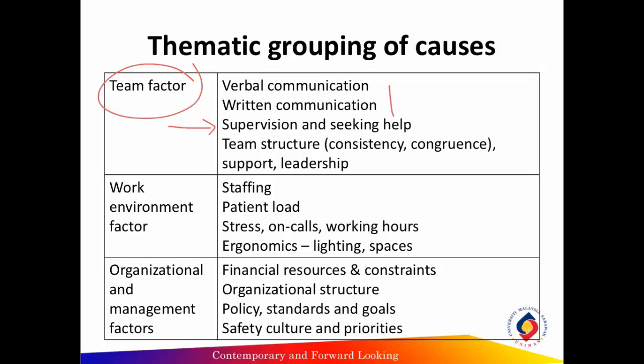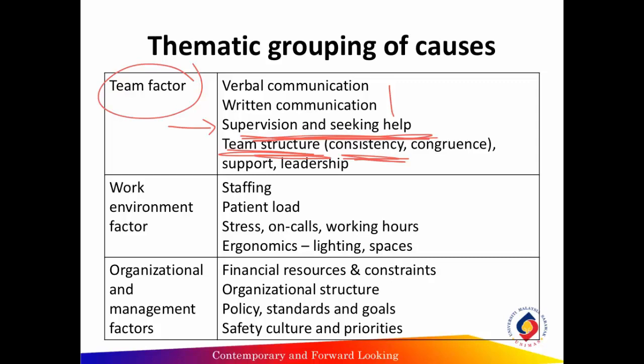There may also be issues related to supervision, the adequate or inadequate supervision and availability of help to the junior staff, for example. We should also consider the team structures, whether there is consistency in the team structure or there is too much mobility or reshuffling of the staff in a team.